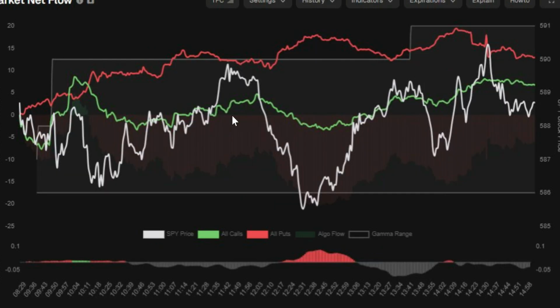Another great example here is this day right here. As you can see, price got right up to the top of that gamma range while puts continued to increase, and what we got was a nice downside move. But take a look at this as well. Calls continued to kind of remain flat and not completely drop off the board as we look here, and we got below our gamma range at that moment.